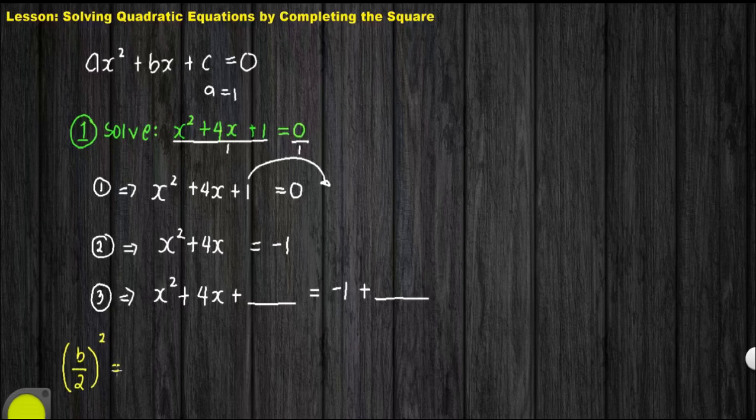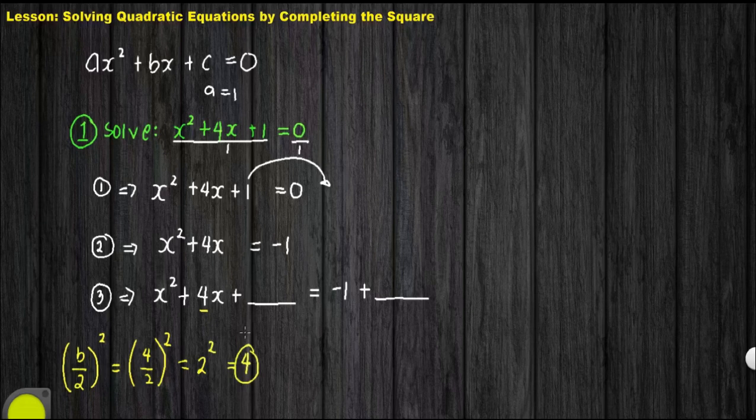Yung b natin dyan ay yung middle term or middle leading coefficient na 4. Ito yung b. Ngayon, if I divide 4 by 2, and then i-square ko pa siya, 4 divided by 2 is 2. Quantity squared, ang result ay magiging 4.